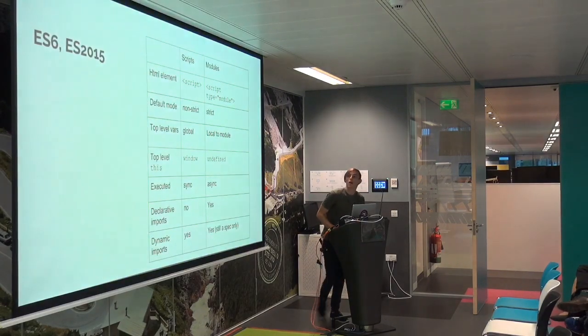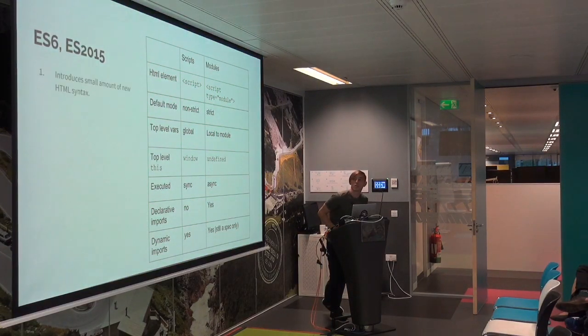The main idea is that it introduces a small amount of HTML syntax, and it has slightly different semantics for how it treats the type module. It always loads in strict mode. The scope is always scoped to the module itself. This is not bound to window. It's async, it has declarative imports, and it also has dynamic imports, but we are still a bit in the spec.